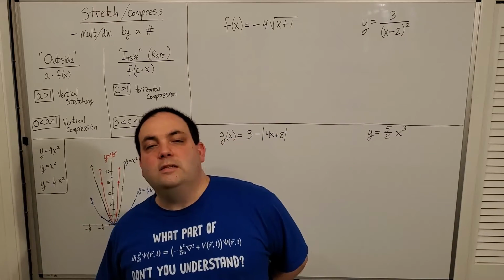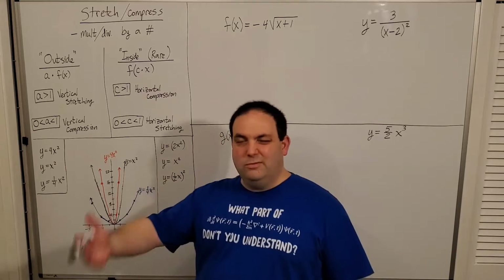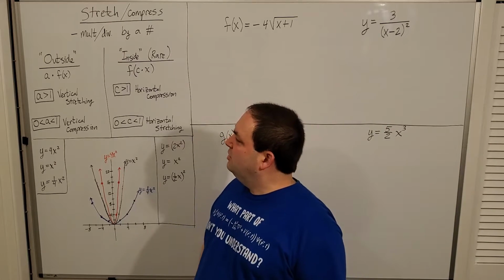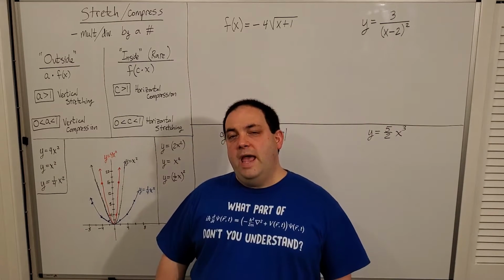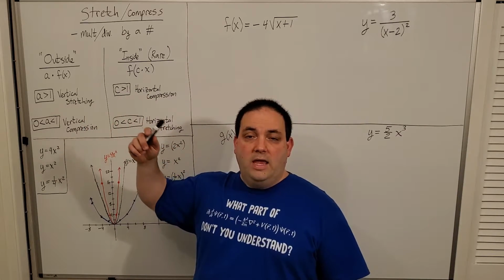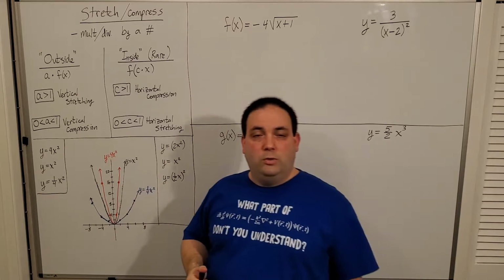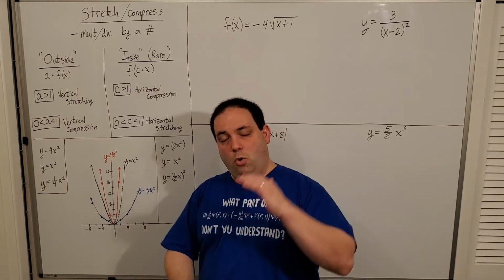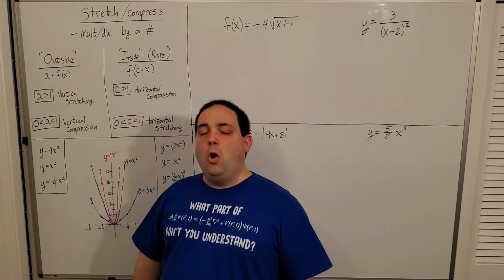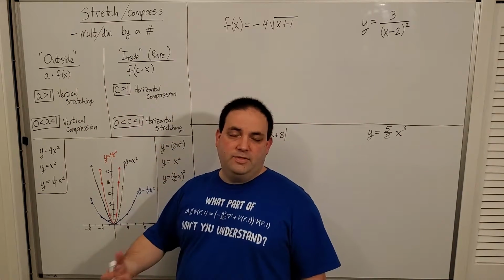And the way we do this is we use multiplication or division, but I mean multiplication by a fraction facilitates division anyway. So really just multiplication. And it only depends, of course, if it's outside or inside. And the size of the number that you're multiplying will make a difference to whether it's a stretch or a compression. Okay? Now, typically, the only ones we worry about are the outside types of these things.